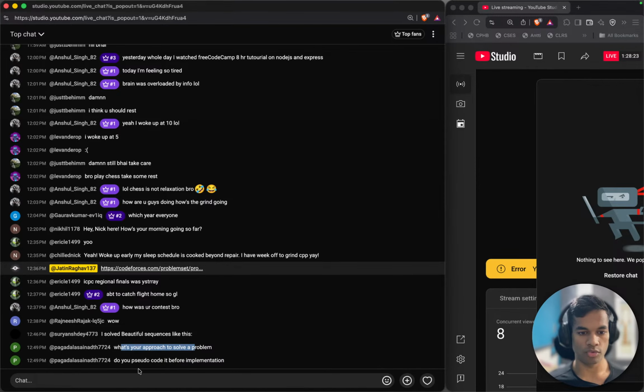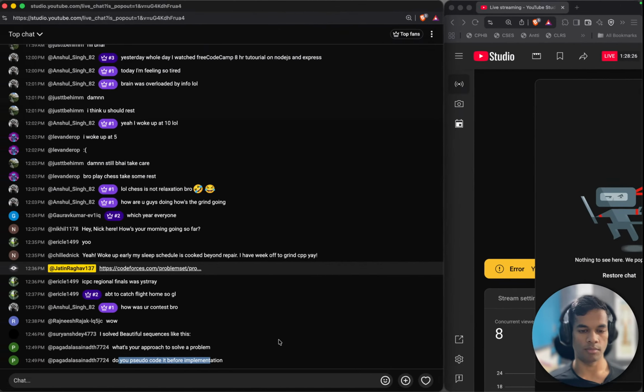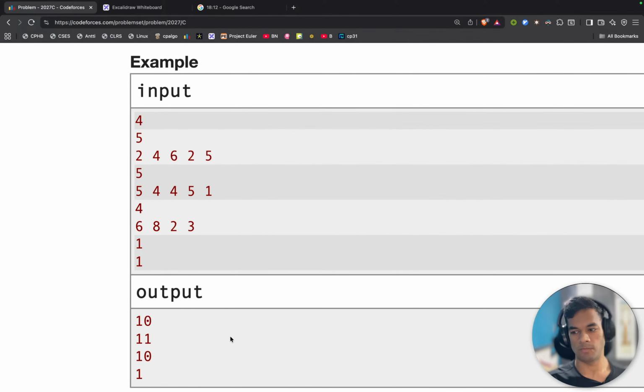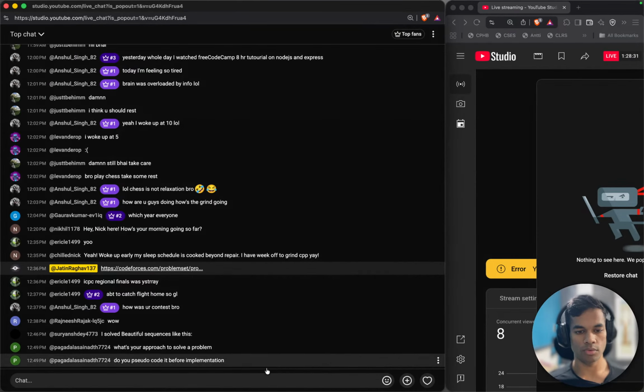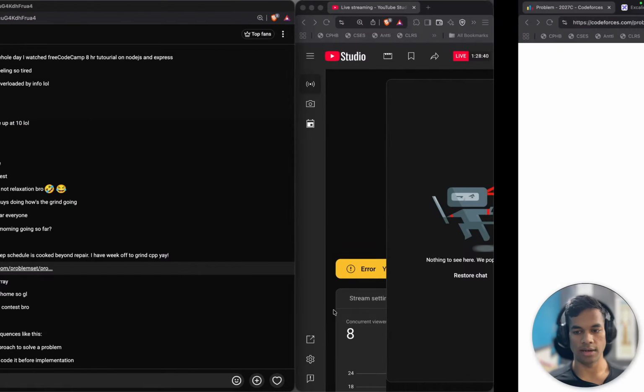What is your approach to solve a problem? Do you pseudocode it before implementation? Yes. You don't always have to write pseudocode. If you are able to understand what the approach is, you can just implement it directly.